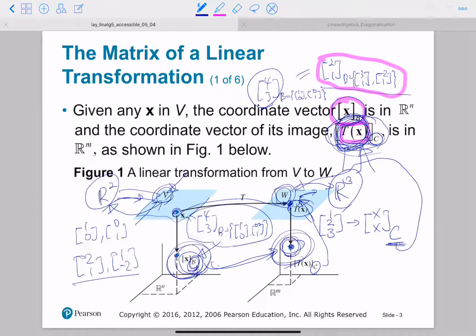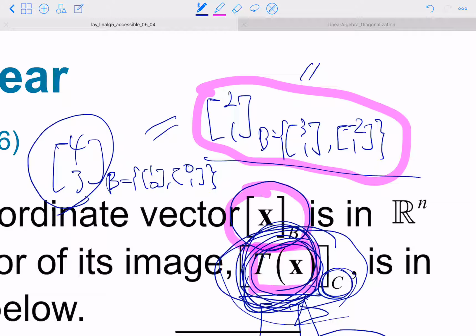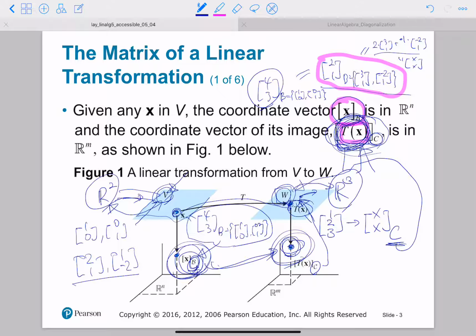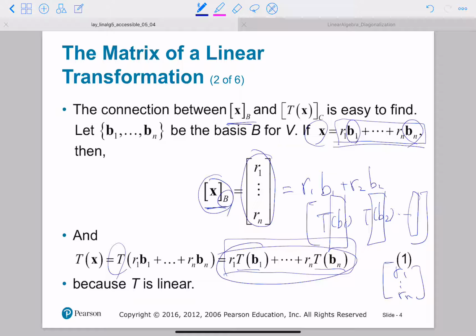So it's like reconstructing this guy, 2 times 3 comma 1 and 1 times 1 comma negative 2. So reconstructing them into some vector, it is represented in the standard basis, right? And then applying this linear transformation T, this representation is still represented in the standard basis in our codomain.